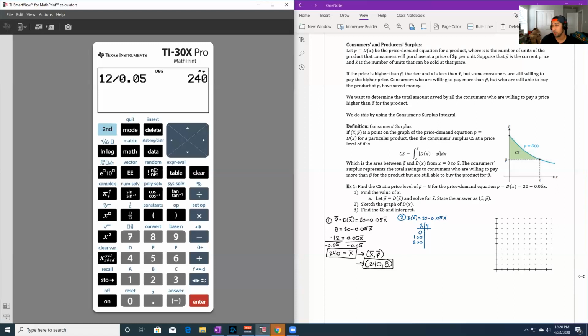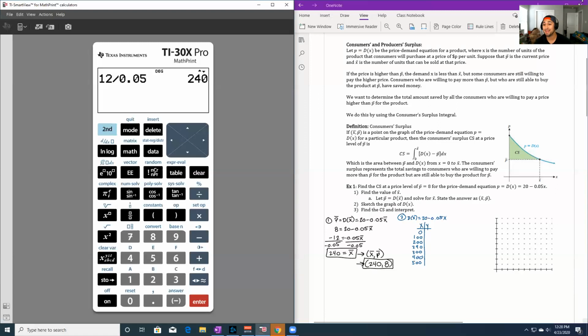Let me sneak the x bar value in there, 240, then 300, 400. And if we need more, we can add more. Let's try 500. That's where we'll stop. We don't need any more than that.